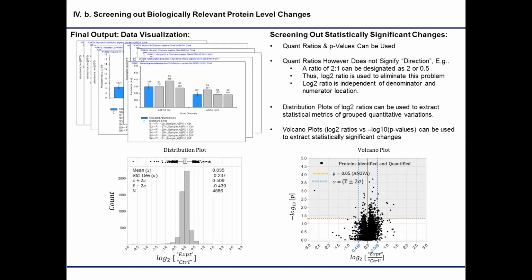But if you do a confidence interval based on the mean plus or minus 2 standard deviations, it's going to tell you more about the distribution of all of the data. That's also represented in the distribution plot. By doing that, it will let you have your highest confidence changes, which are outside that plus or minus 2 sigma.